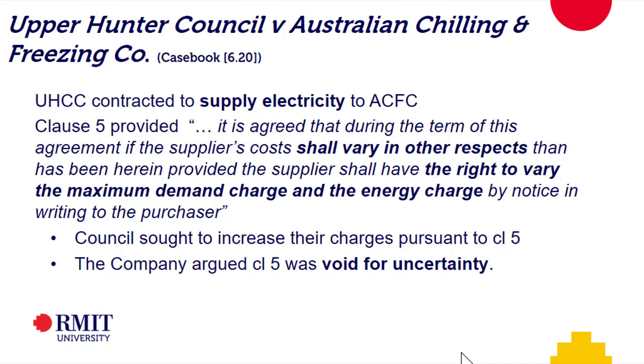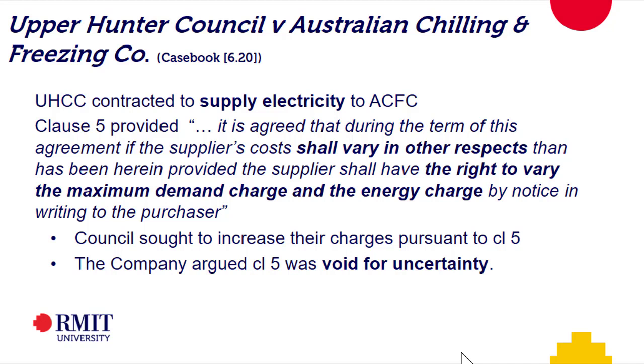So the parties have agreed that during the term of the agreement, if the supplier, so Upper Hunter Council, shall vary in other respects than has been herein provided, let's turn that into English, shall vary in ways that we haven't already stipulated in this agreement somewhere else, the supplier has the right to vary the maximum demand charge and the energy charge.